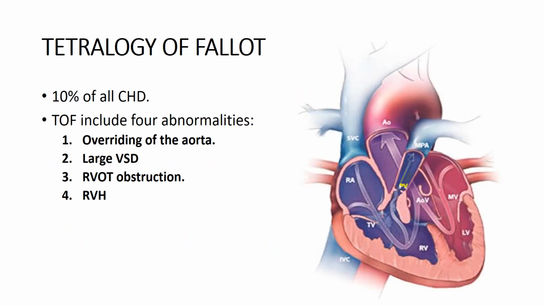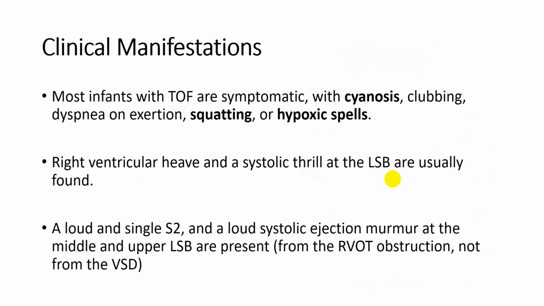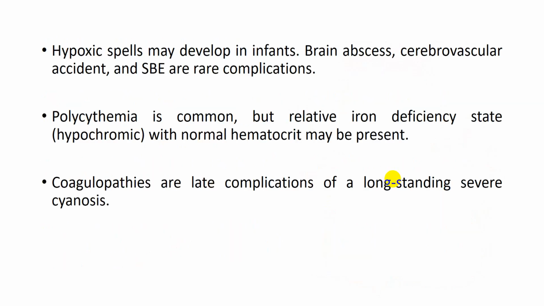If you turn back to this diagram, the VSD is usually large, so the gradient between LV and RV is minimal. There is no significant pressure gradient between the RV and LV, so the murmur across the VSD is soft or absent. So the murmur you hear in a patient with TOF is attributed to the pulmonary stenosis or right ventricular outflow tract obstruction.